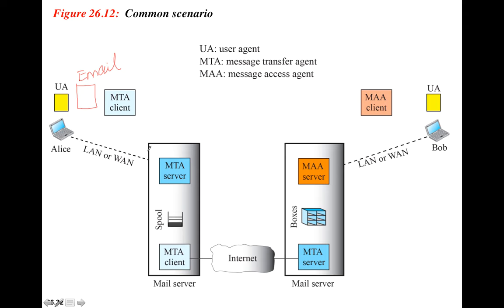This is the email server for Alice. So Alice, the MTA client, is now pushing the email to the server. So understand this. The interaction here is push, right? From the client to the server.